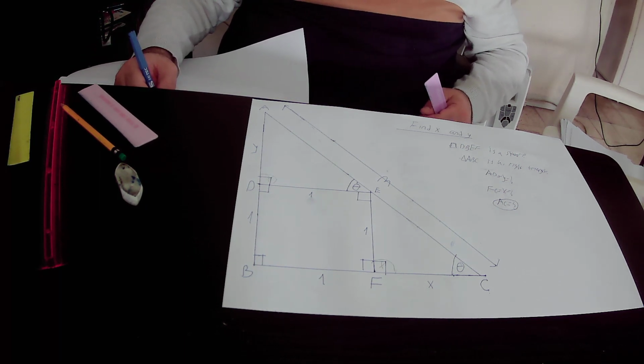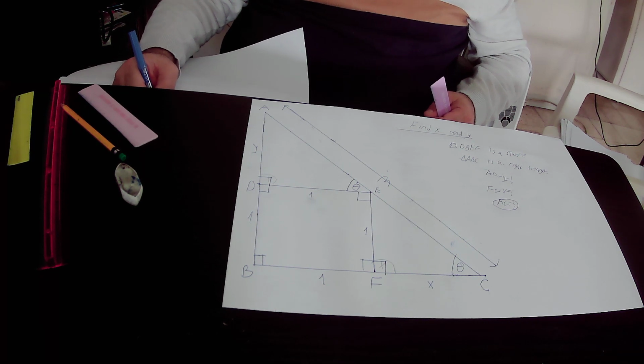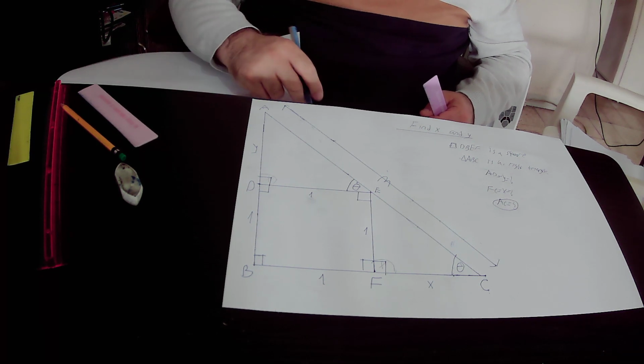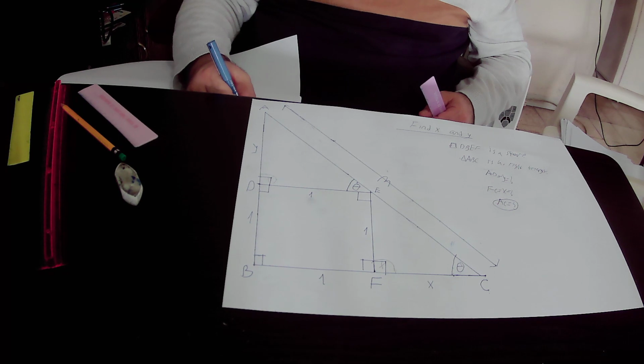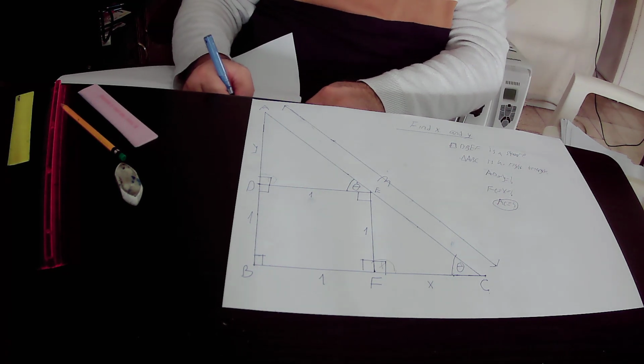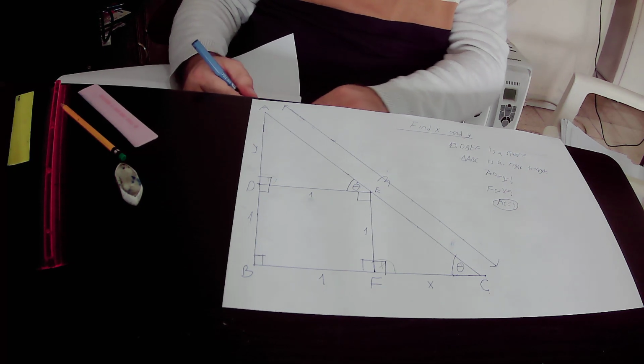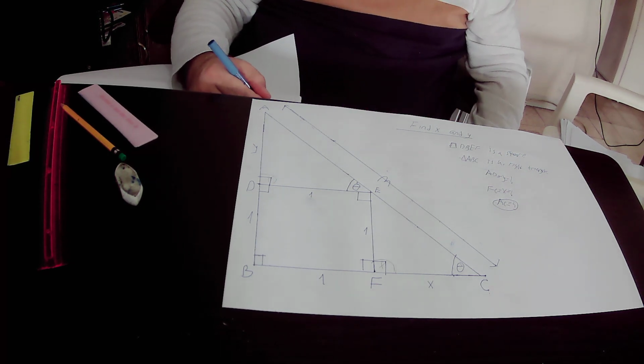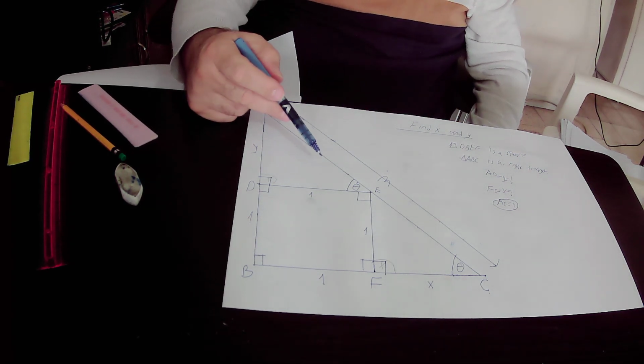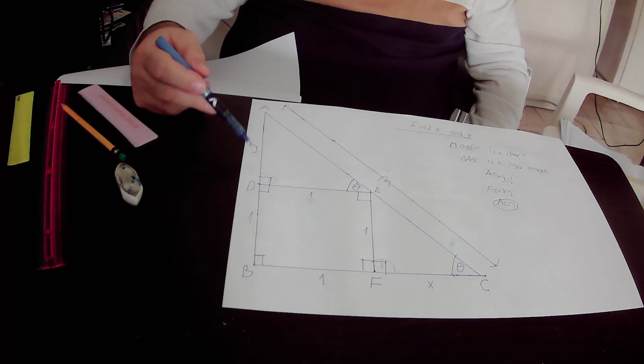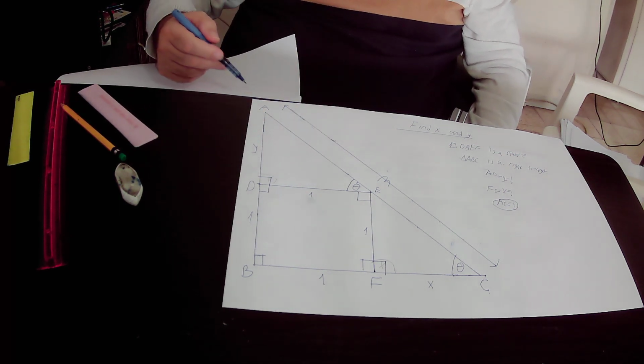On the right triangle, triangle ADC, here tangent theta equals AD over DE.